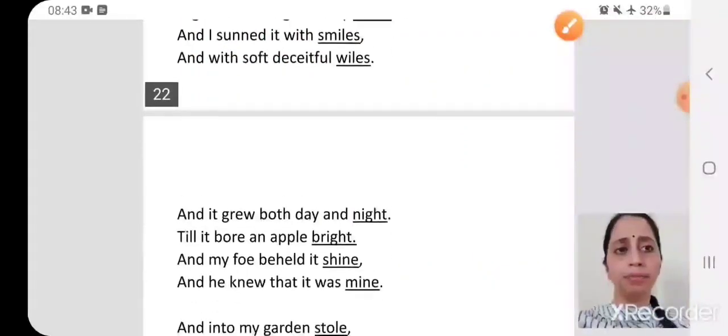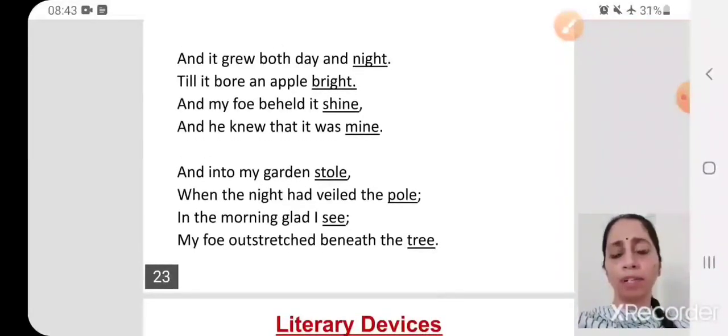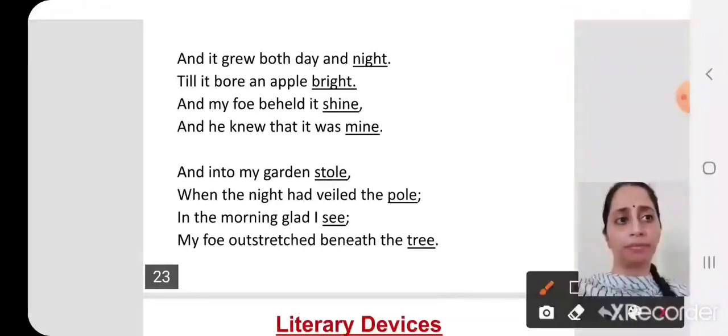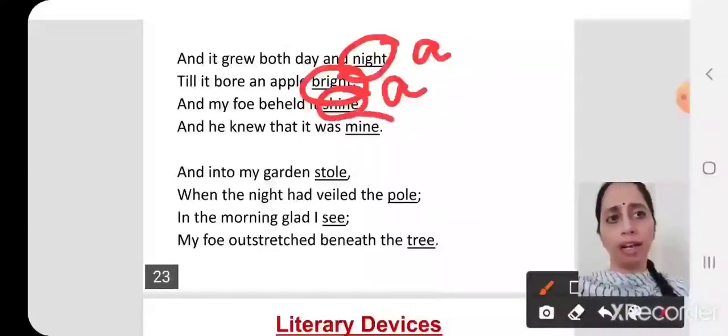Proceeding further. Now, I will just concentrate on the last words used in the stanzas. Night, bright. It is A. Again, shine and mine.